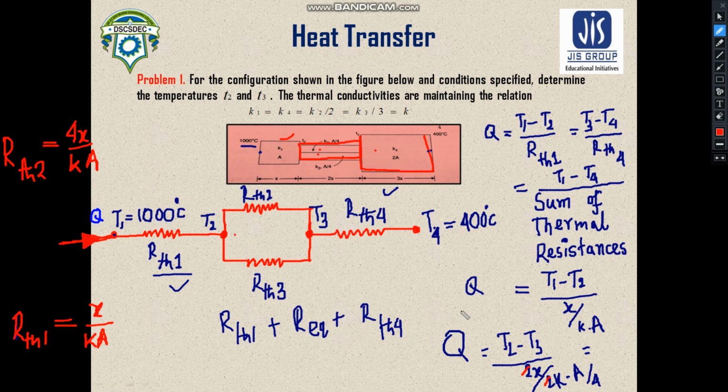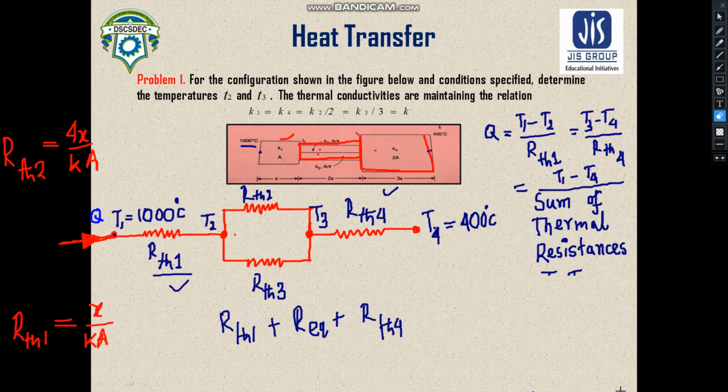Okay, now let us find the thermal resistance for this case. So it will be RTH3. That means, first of all, just write down the thickness. It is 2x. And what is the thermal conductivity here? K3.